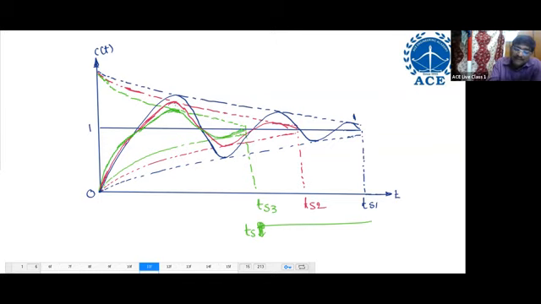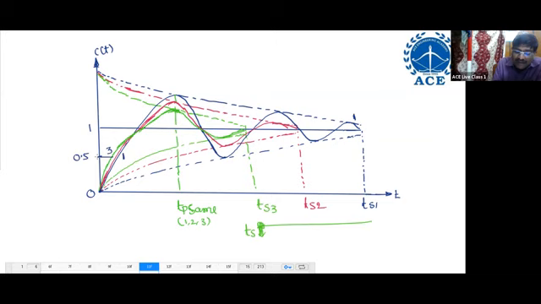So what happened here? For all these three, peak time is the same. What happened to delay time? At 50%, 0.5, if you take, this is 1, this is 3.